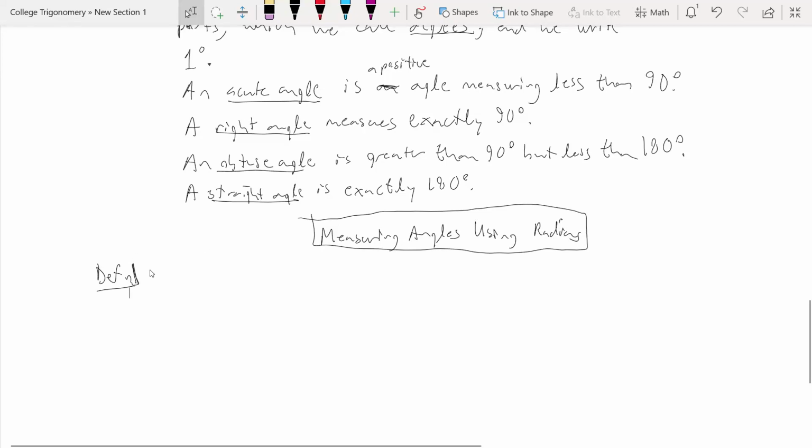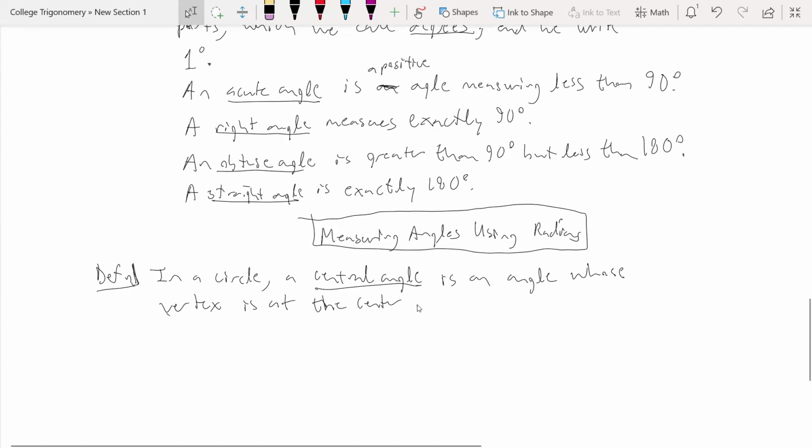In a circle, a central angle is an angle whose vertex is at the center of the circle. Okay, so that's a pretty easy definition. So it just has to have the vertex at the center of the circle.